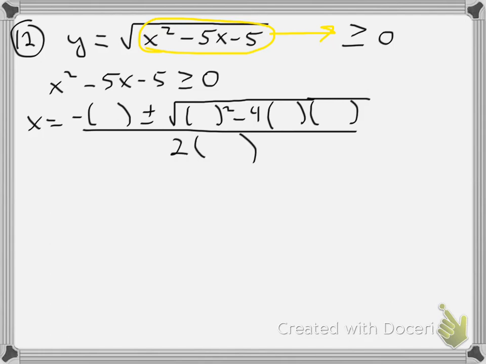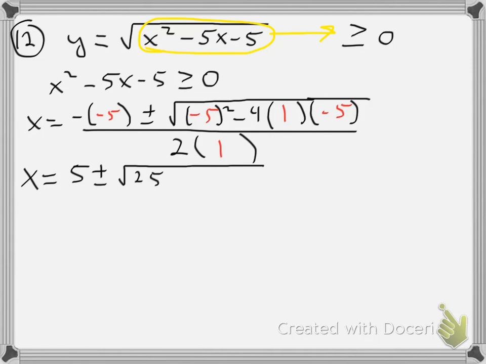So that would be negative negative 5, 1, 1, and then on the very end it's going to be c, which is also negative 5. So I put those numbers in, and I get x equals 5 plus or minus the square root of 25.